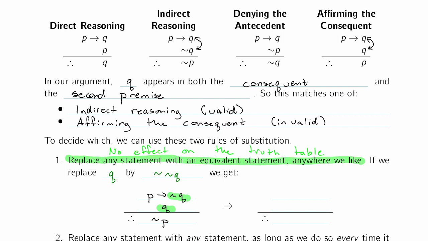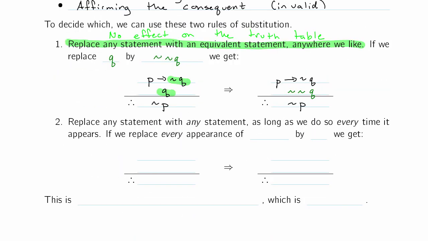Let's try a not not Q. So we're going to replace our Q in our second premise by a not not Q, which is equivalent. And then we'll leave everything else alone. Hey, that's actually pretty nice, because now it looks like, I'm just going to copy the form our argument is in right now. Now it looks like what we have is not Q showing up twice, and one of those is negated.